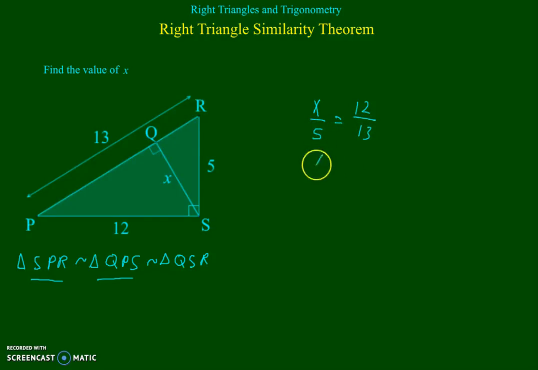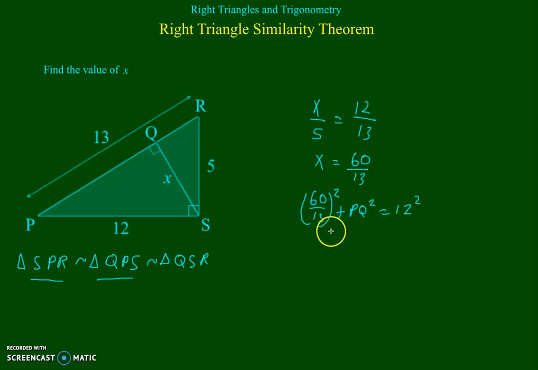Now we multiply through. X equals 5 times 12, which is 60, divided by 13. Now that's a very ugly decimal, so we're just going to leave it like that. And let's go ahead and verify and find PQ. So we know that 60/13 squared plus PQ squared equals 12 squared.